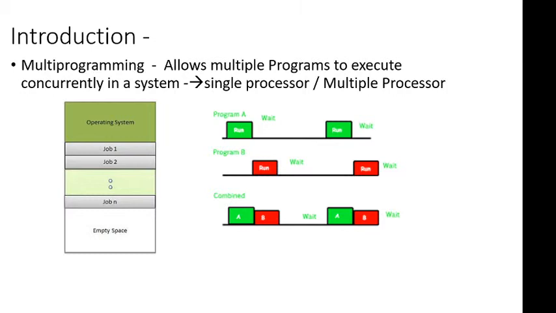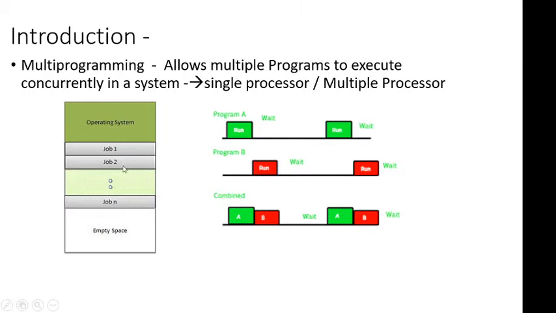If you've got multiple processors and the processes are given to multiple processors, that is called true parallelism. Nonetheless, multiprogramming happens when many processes are running concurrently, whether it's a single processor or multiple processors. Now we've seen that when there are many processes, you can bring many processes into memory.